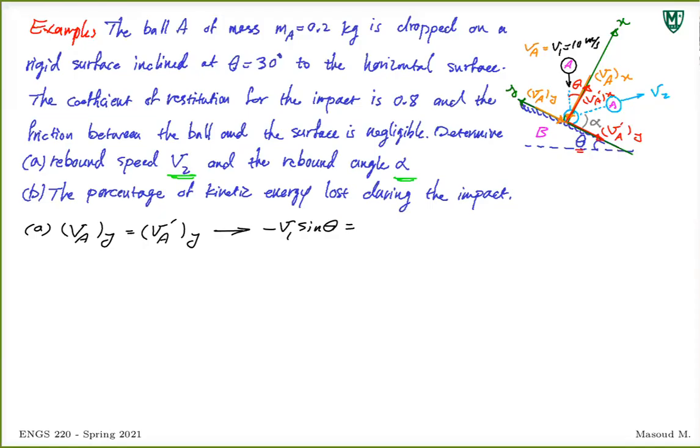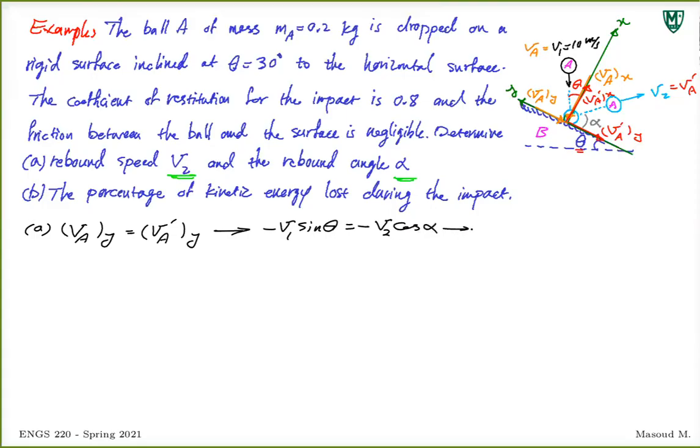VA prime is V2. It's a matter of notation. It's the velocity after the impact for object A. What is VA prime Y? V2 cosine alpha, exactly, but negative. Pay attention to direction: it's the negative direction of Y. So minus V2 cosine alpha.